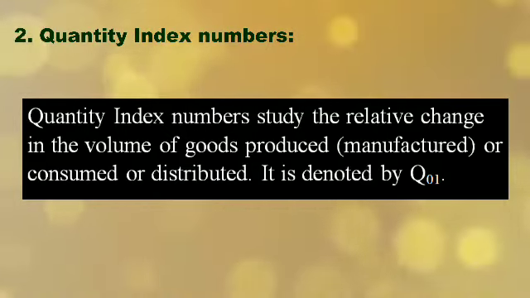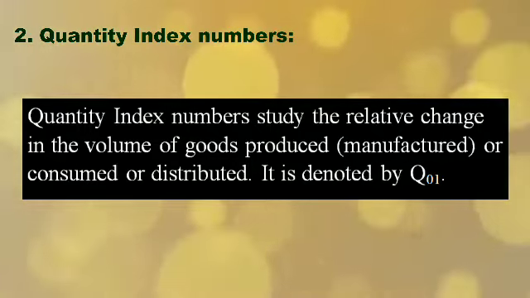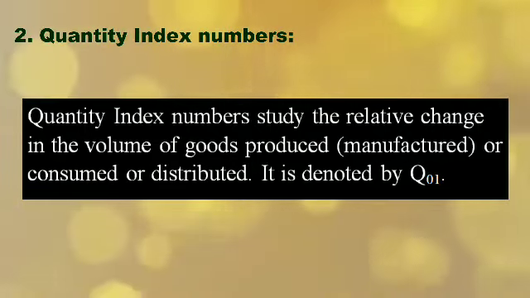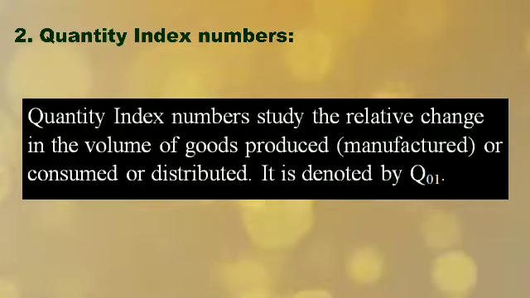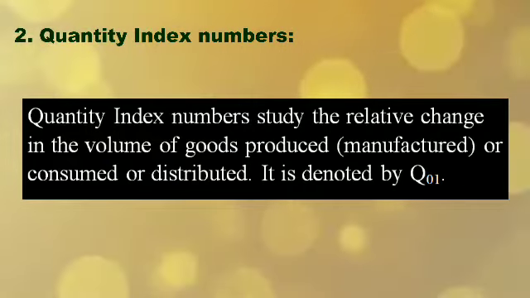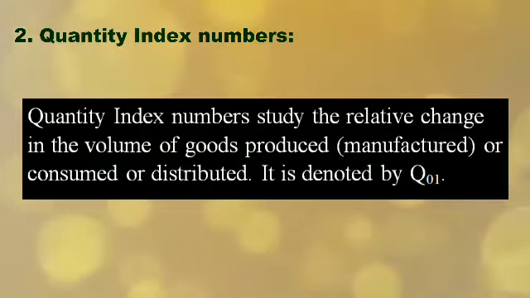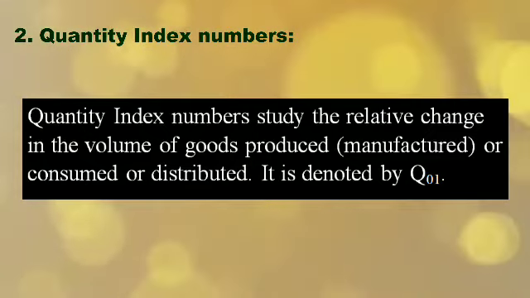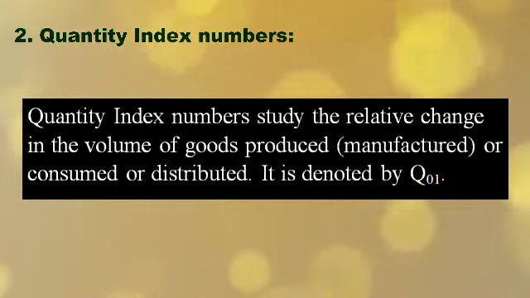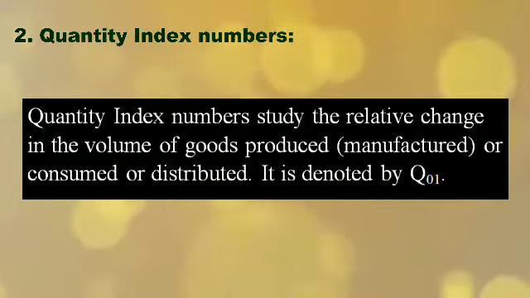So the quantity of goods produced can be studied in this concept of quantity index number. It is denoted by Q01. Again, Q indicates quantity, and the comparison is made between the base and the current year. Base year is denoted as 0 and the current year is denoted as 1. So the comparison is made between the base and the current year of the quantity values, Q01.